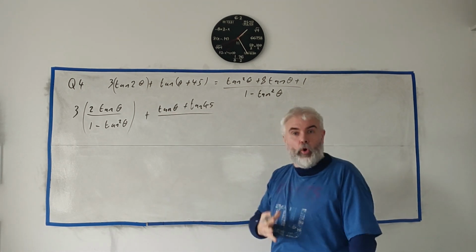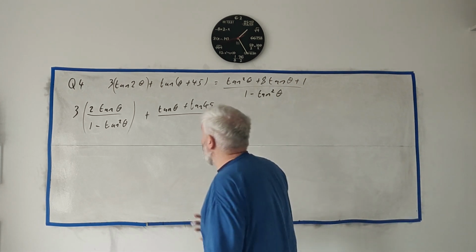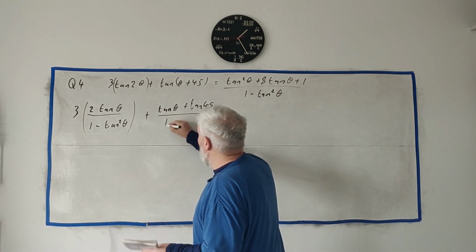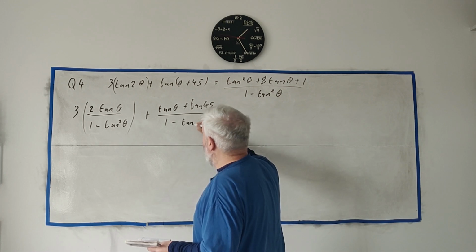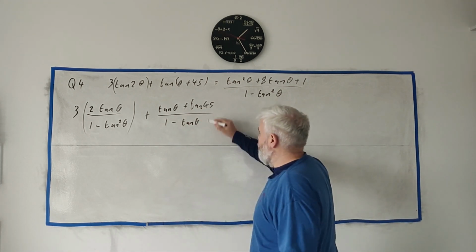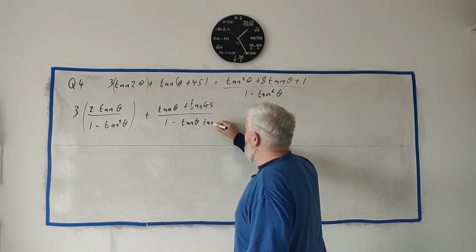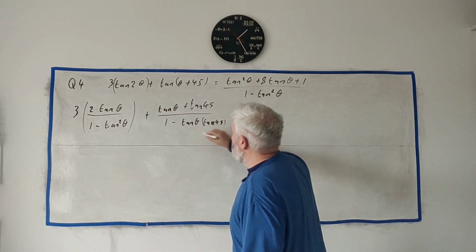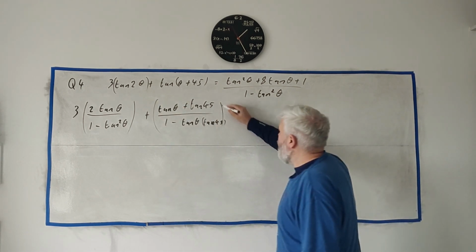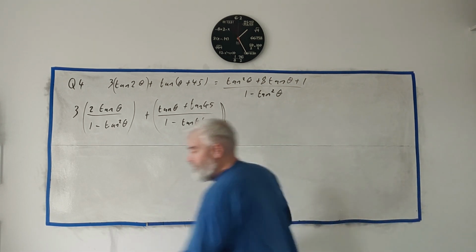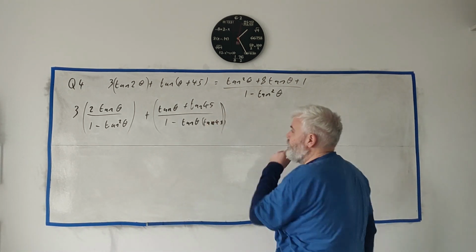Tan of 45 is 1, so that's going to disappear quite nicely for us. Divided by 1 minus tan of theta multiplied by tan of 45, which, like I said, is 1. Okay, let's play around with that and hope it looks like the right side.